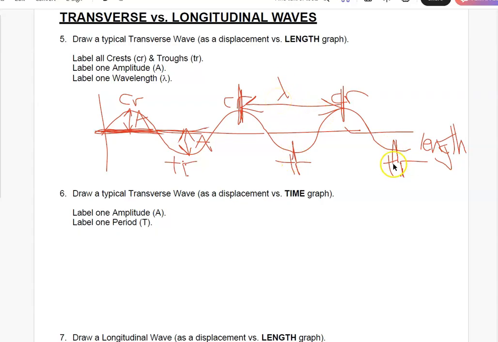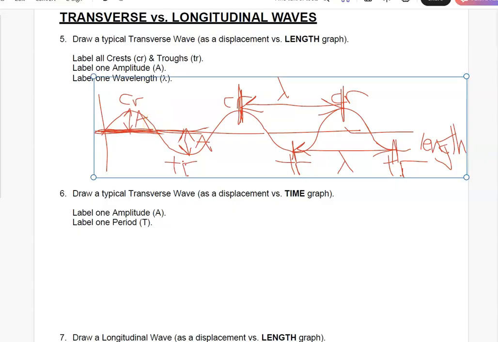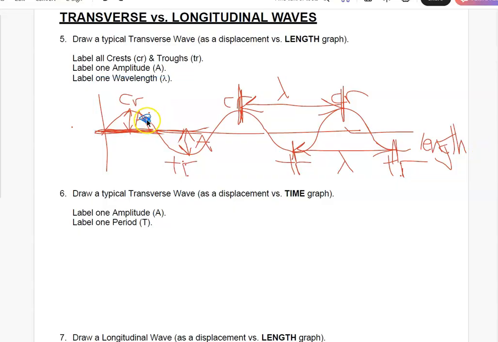Or the length between two adjacent troughs is a wavelength, or the length between two identical points that repeat anywhere on the wave as long as they are adjacent. Pick a random point in the wave and look for the next identical point because this is a repeating structure, and that is also an example of a wavelength. But the easiest way is to go from crest to adjacent crest or trough to adjacent trough.